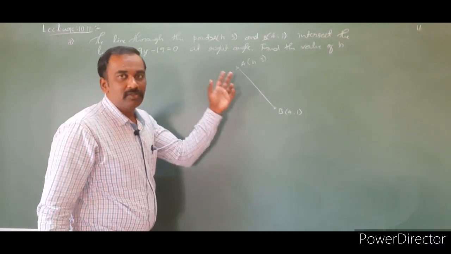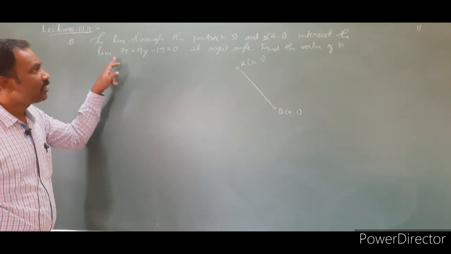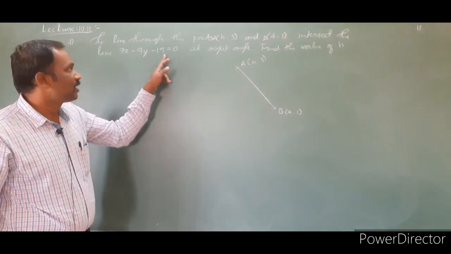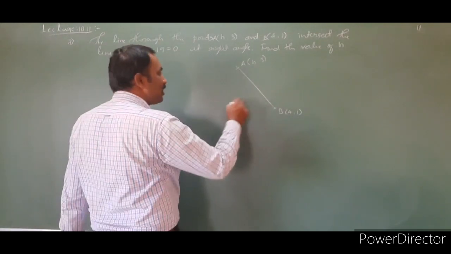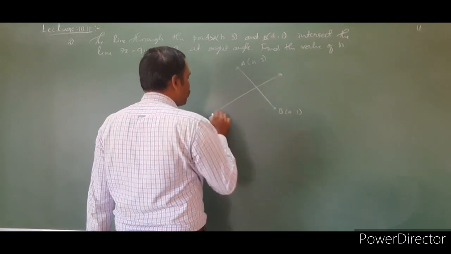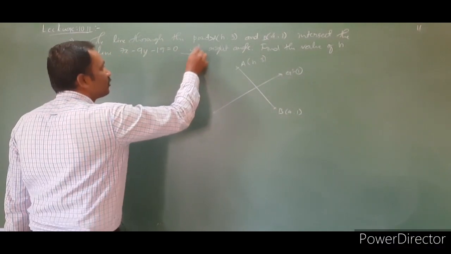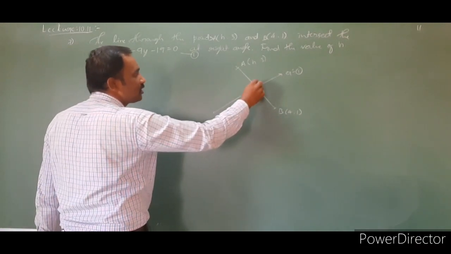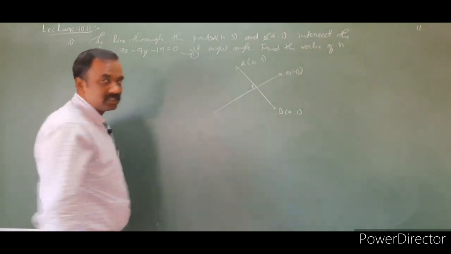This is one line through these two points, intersect the line, this is another line, 7x minus 9y minus 19 is equal to 0. How? At right angle. This line is intersecting the line number 1, that is nothing but equation number 1. The line passes through two points, intersect the line, equation number 1 at right angles.